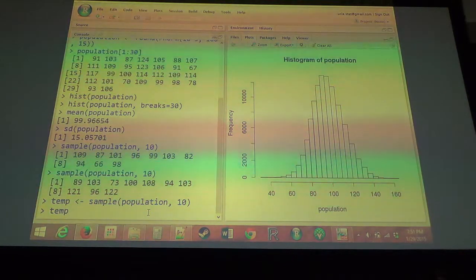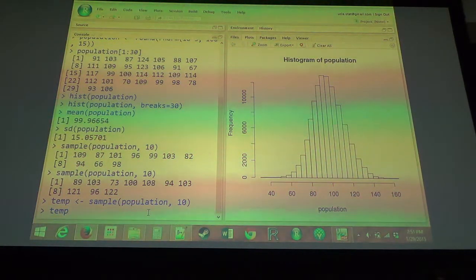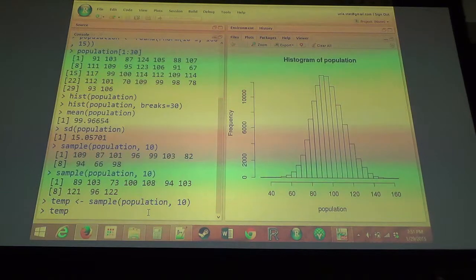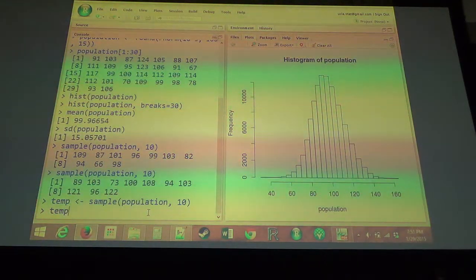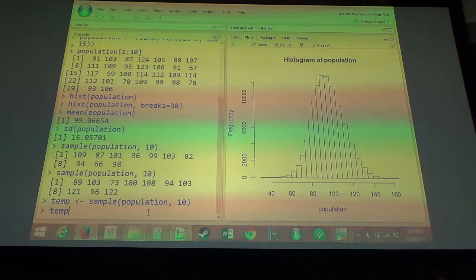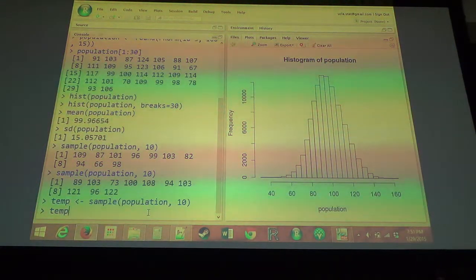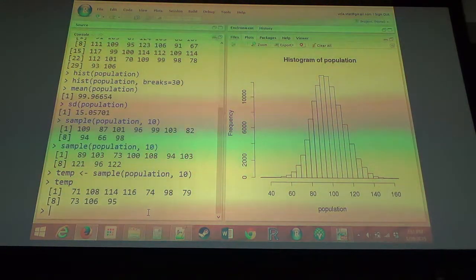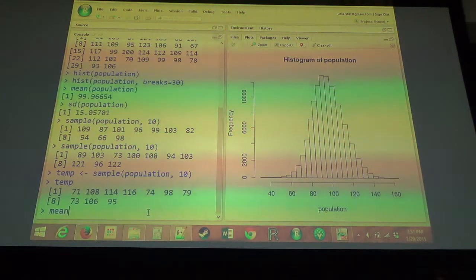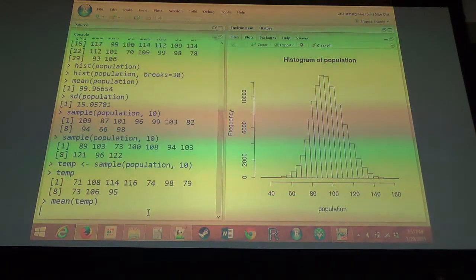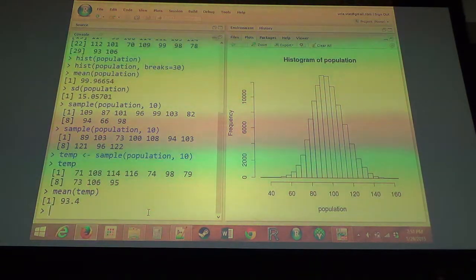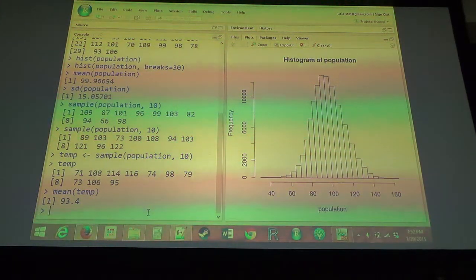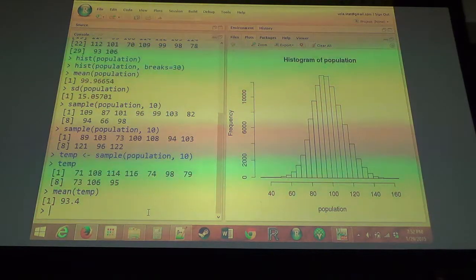I'm sorry, I don't know what's going on today. Okay, so these are the 10 people selected. And I could ask for the sample mean. What's that?